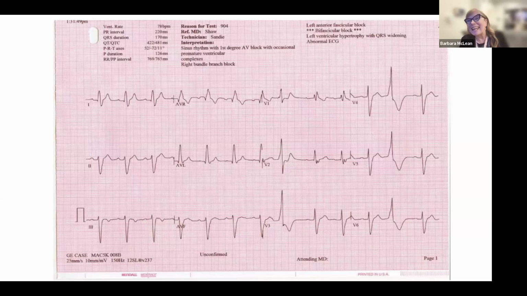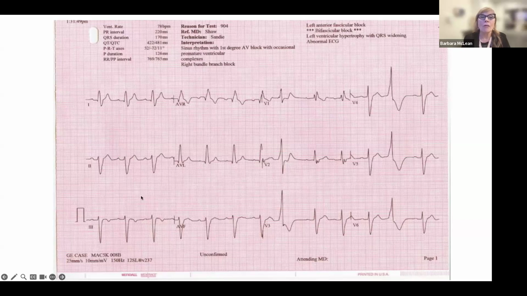So any lead with a positive electrode on the left side, that would be 1, AVL, and leads 2, 3, and AVF, those pictures should be upright. I expect lead 1, lead 2, lead 3, AVL, and AVF to be primarily upright, not AVR, because that's right-sided electrical activity.